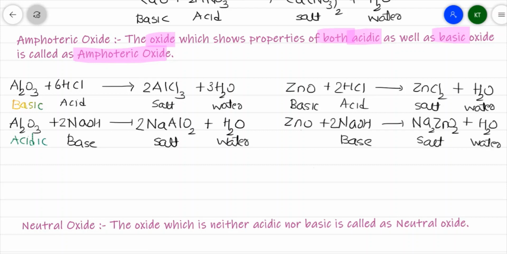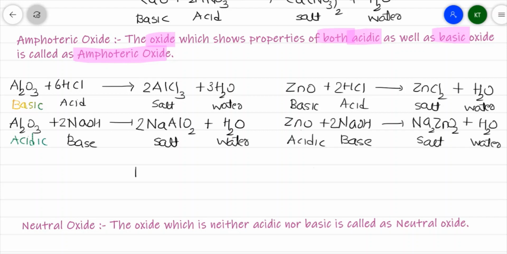So what's the nature of ZnO in the second reaction? Acidic. If you look here, ZnO acts as a base when it reacts with acid, and ZnO acts as an acid when it reacts with base. So ZnO exhibits properties of both acidic as well as basic oxide. That's why we call this an amphoteric oxide.